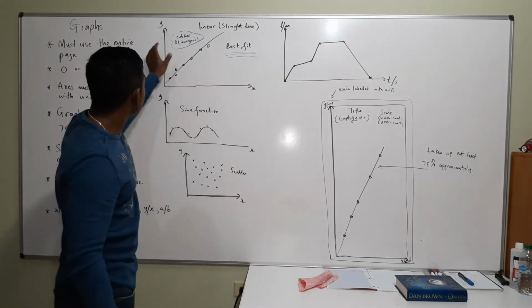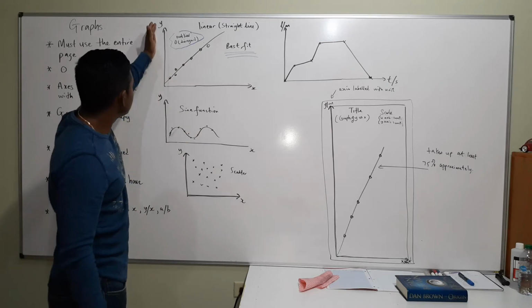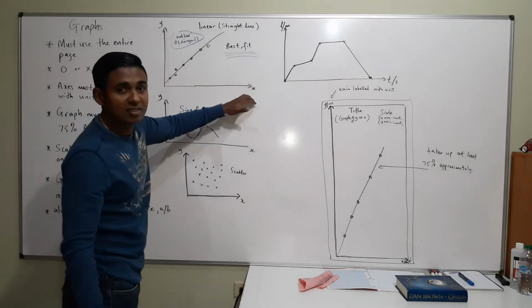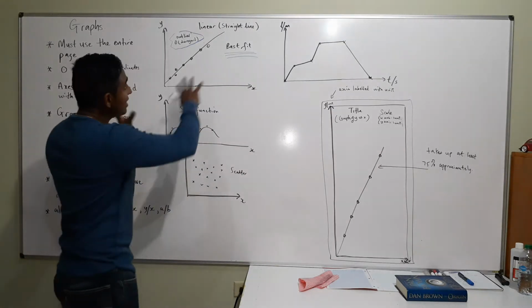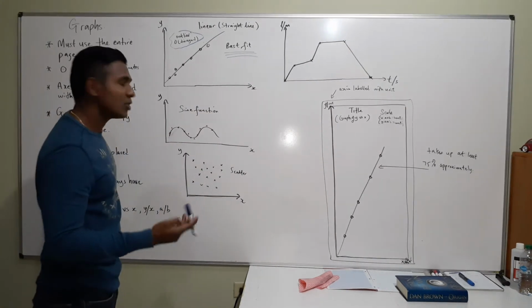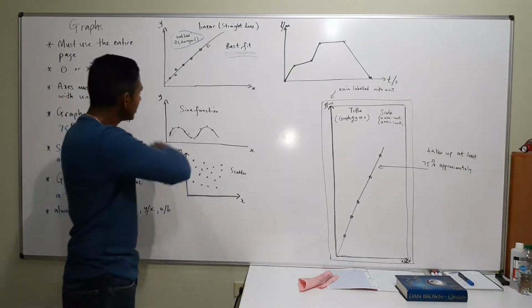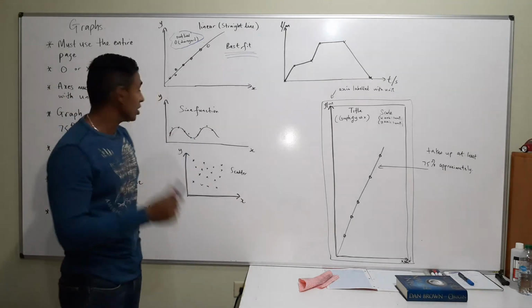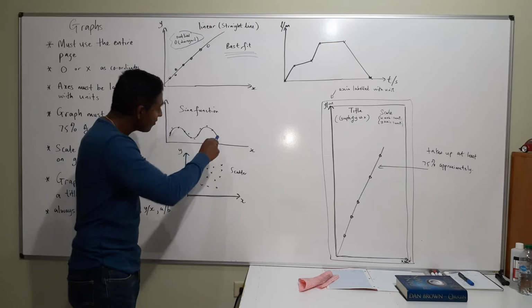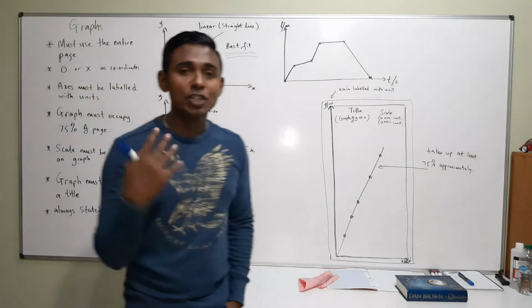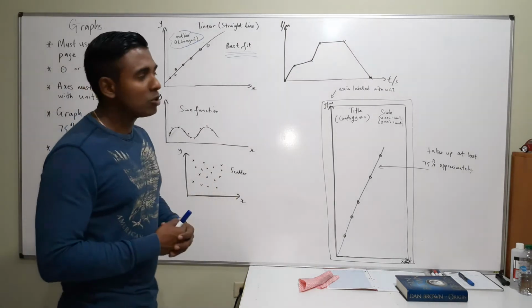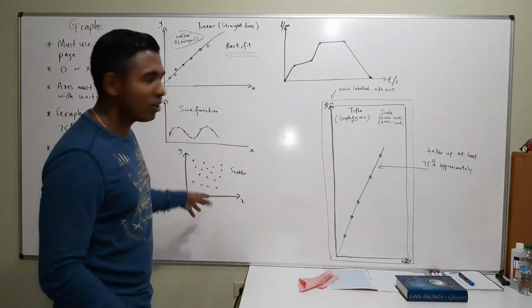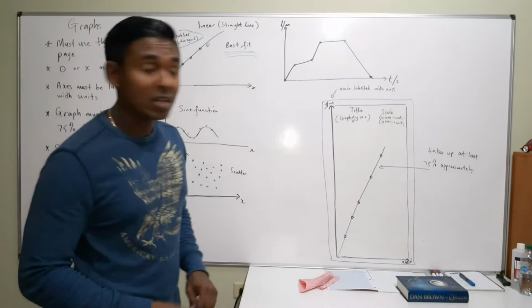In this case, the trend is as the y values increase, the x values increase evenly as well. That's a linear function. The sine function is something completely different, but it follows the standard trigonometric sine curve. This one really doesn't follow a pattern, it's just a scatter. All right?